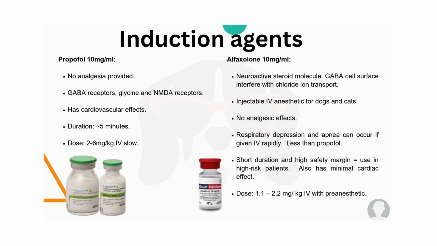Then alfaxalone, it comes in a 10 milligram per ml concentration. Just like propofol, it can cause respiratory depression and apnea if given too rapidly IV. It has a high safety margin, and the dose is going to be 1.1 to 2.2 milligrams per kg IV.